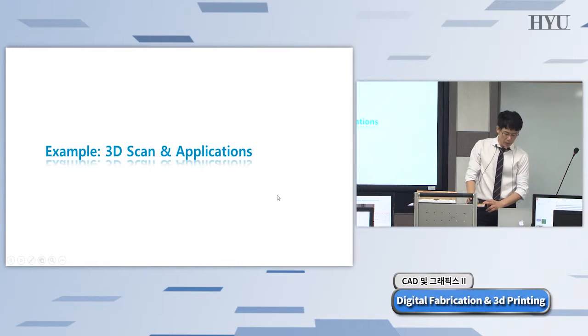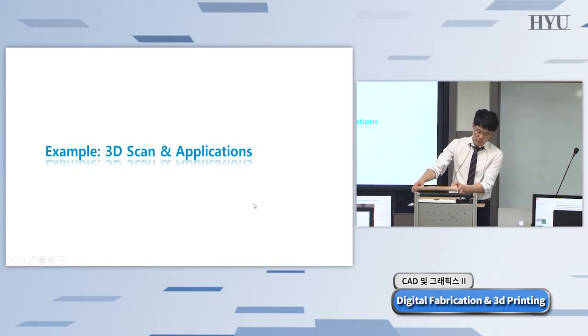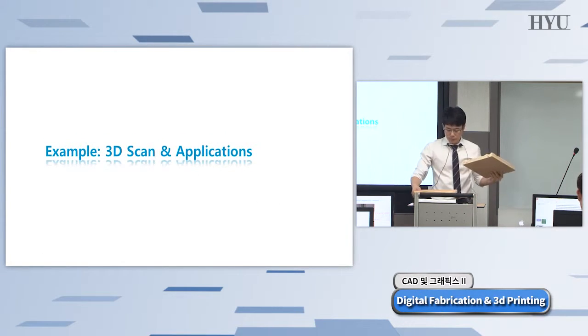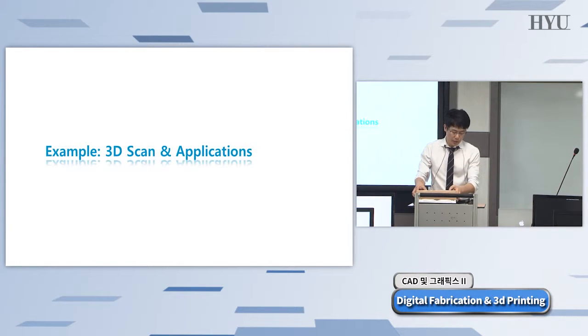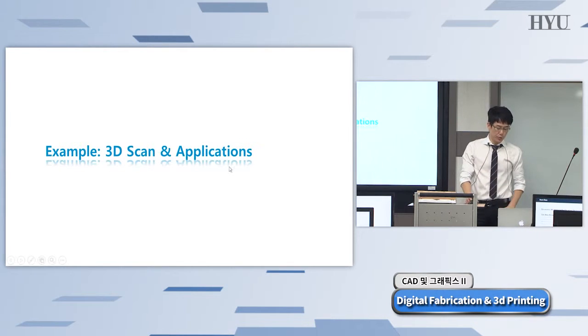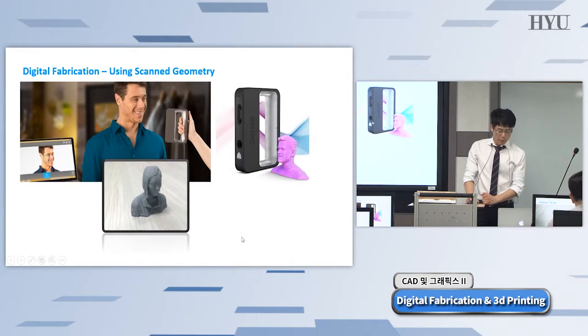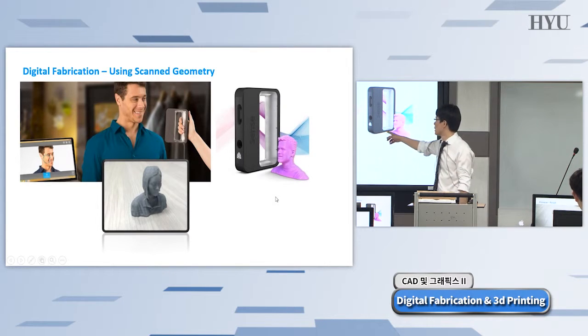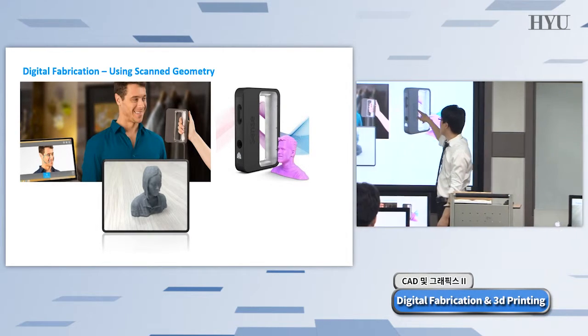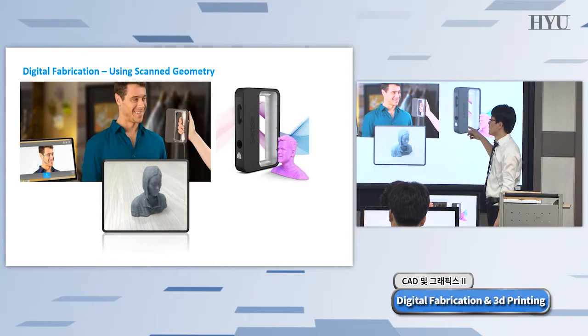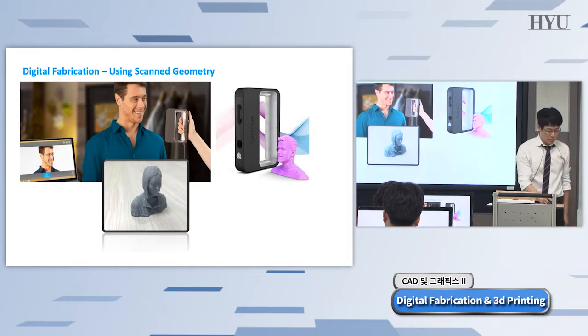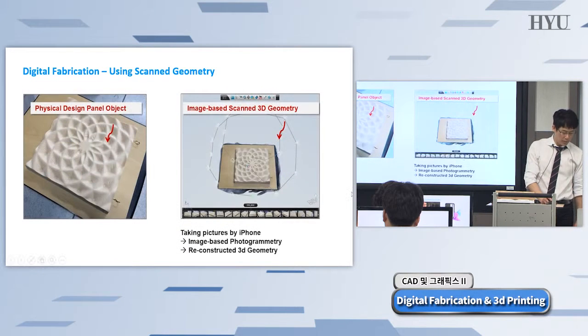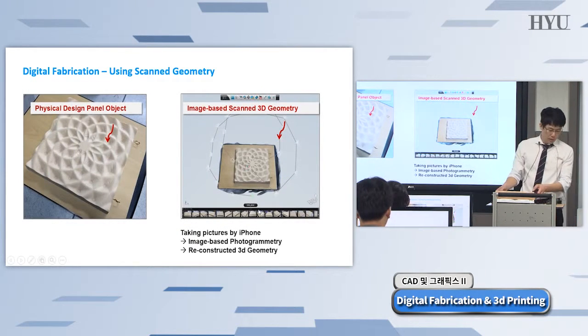But let's move on to another thing. Actually, last time I showed you this example a couple of times before. But anyway, by using this scanner, Sense, the brand of this scanner is Sense. And by using this object scanner, we can scan this kind of shape, face, your face. But take a look.